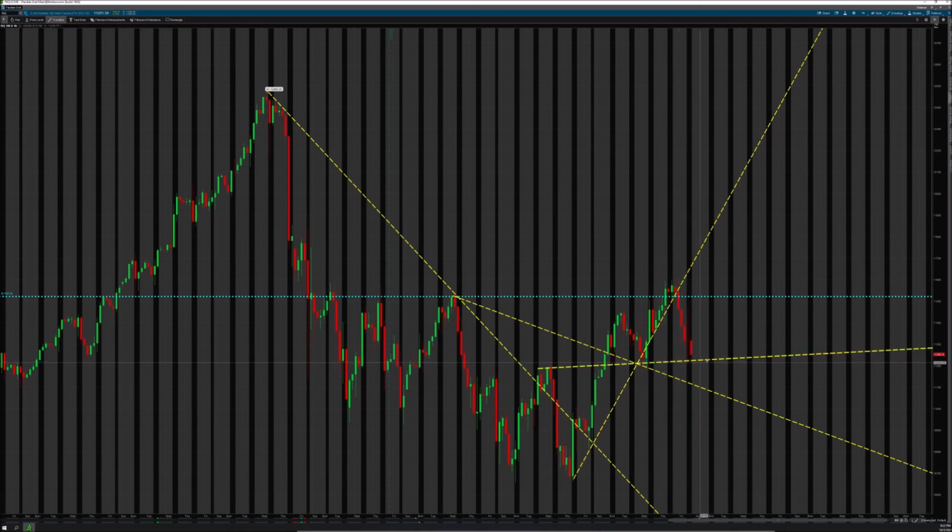So I just drew a basic support line there, here. So we could take the high here and then, no, not doing it that way.